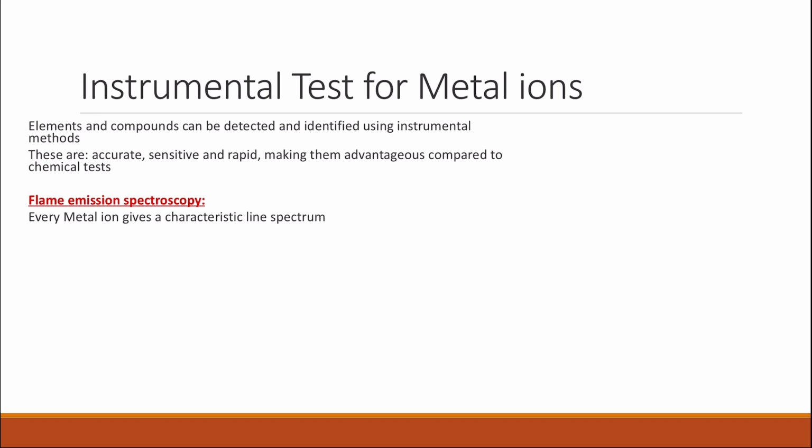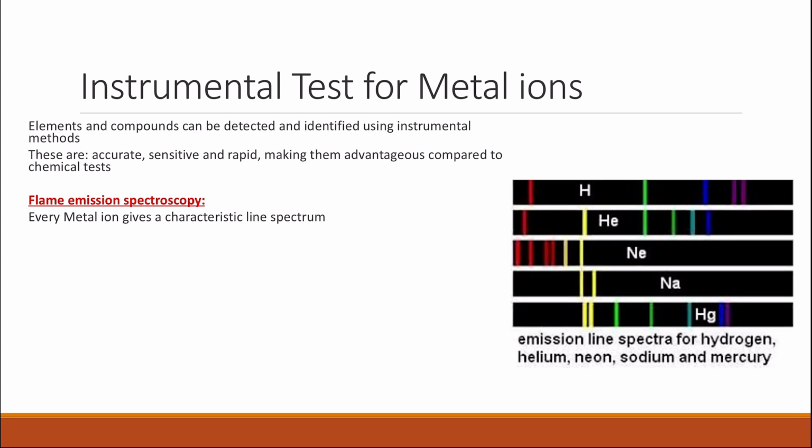Every metal ion will give a characteristic line spectrum when put in a flame. What happens is that if you put your compound in the flame and it has a certain metal, each metal will have a different line spectrum because the element will have electrons that are in a specific energy level.